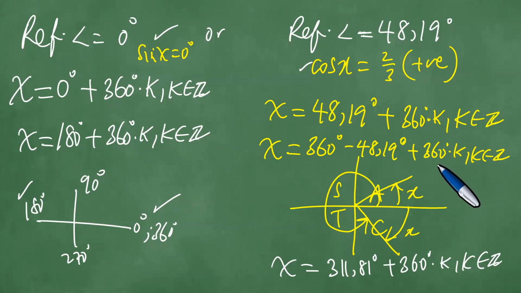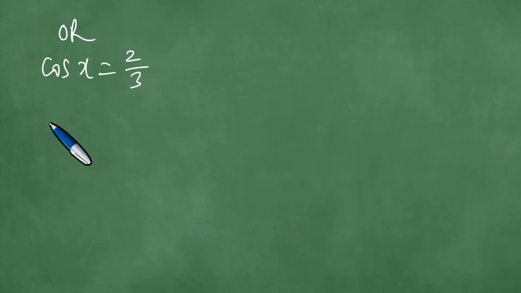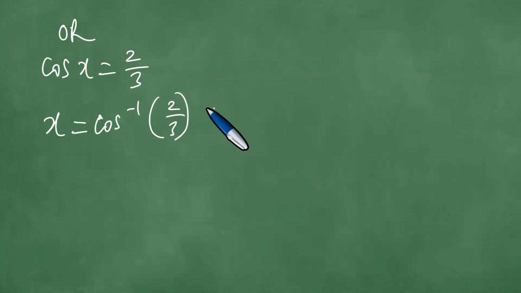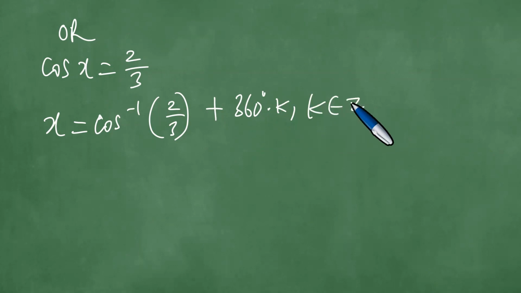But there is also another way to do this one. If you look at cosine x equals 2 over 3, you can see that x is arccosine of 2 over 3 plus multiples of 360 degrees times k, where k is an integer.